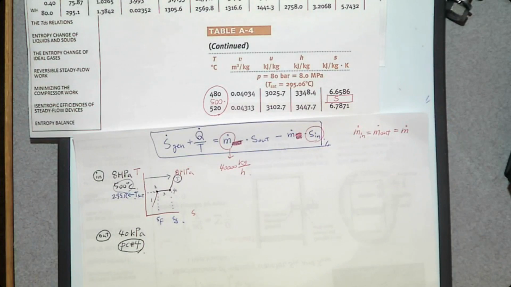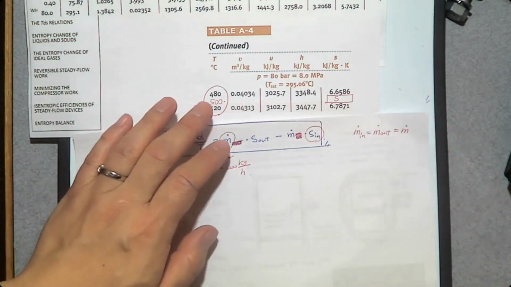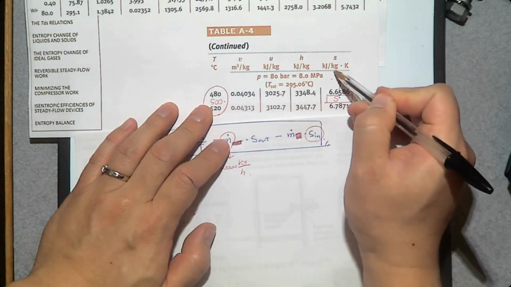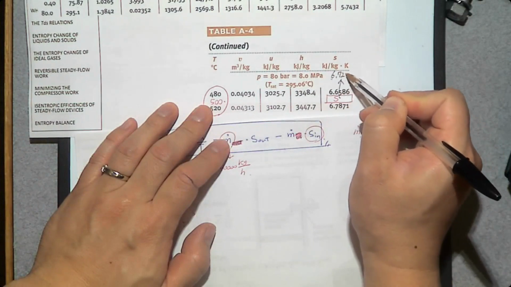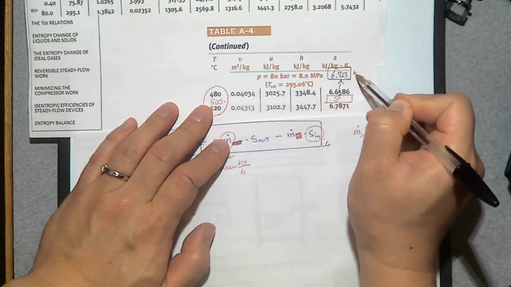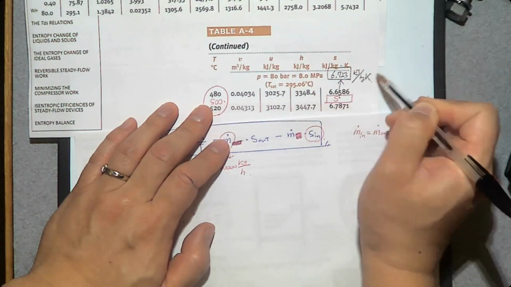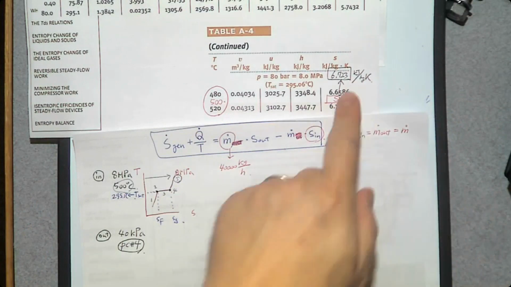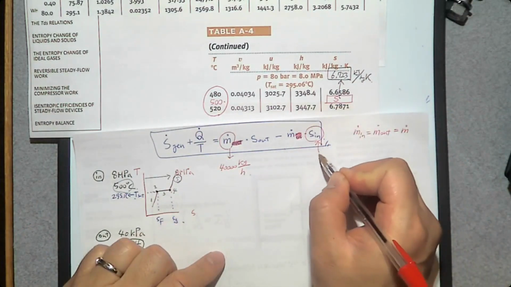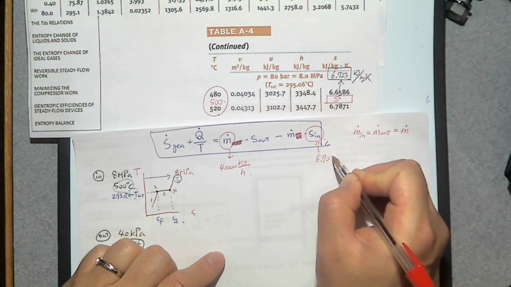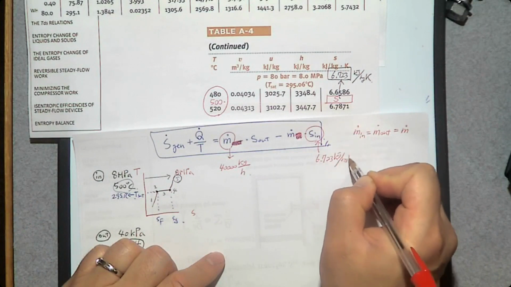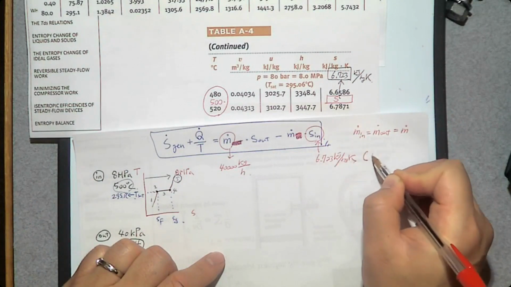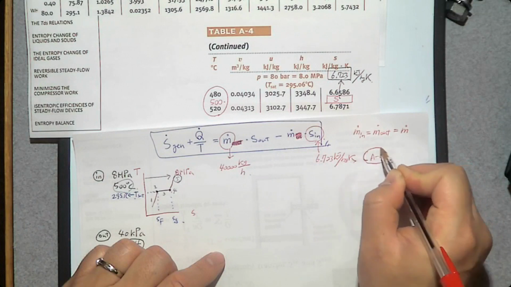If you do, the specific entropy is 6.723 kilojoule per kilogram Kelvin. Then this number goes in here. This value is from table A4.